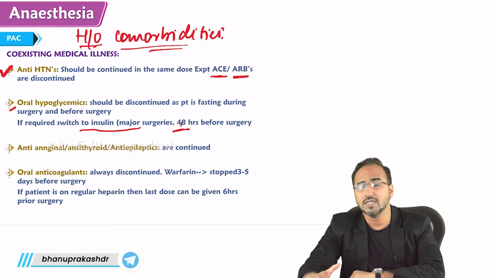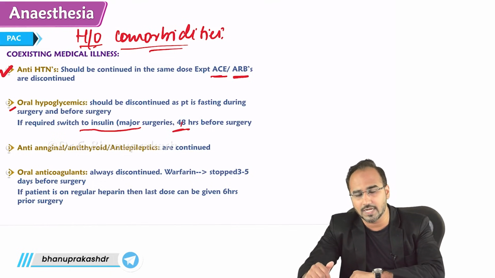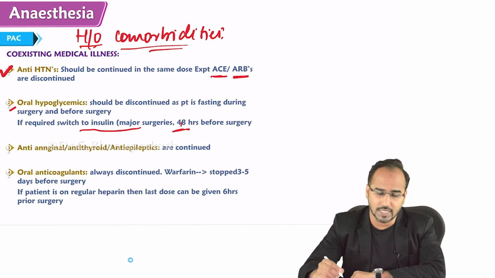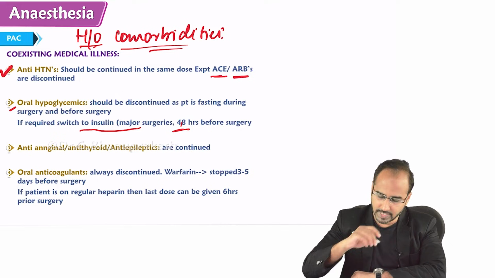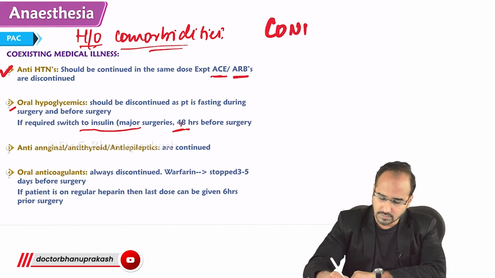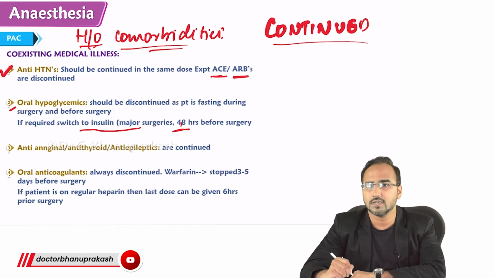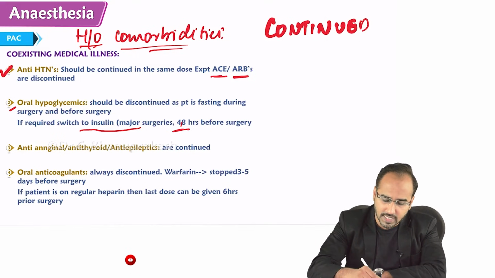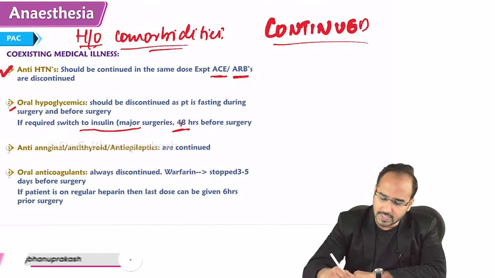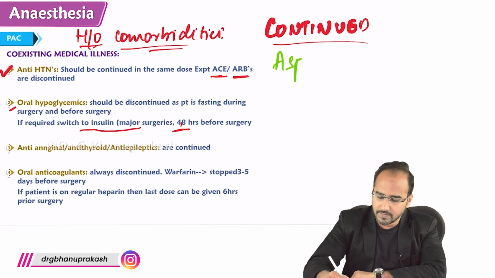These are the drugs regarding the heart disease. Some of the drugs can be continued and some should be stopped. First, we need to know which drugs can be continued in heart disease. The drug which can be safely given in heart disease is aspirin.